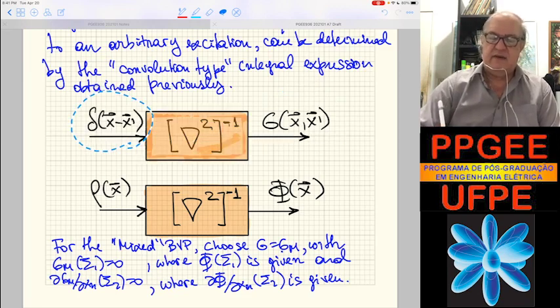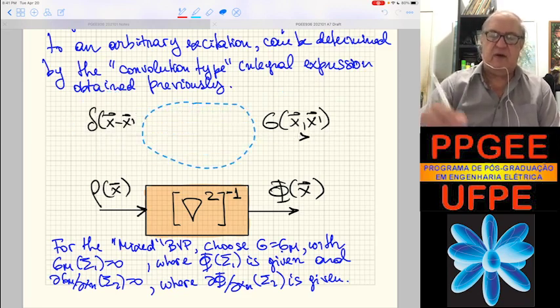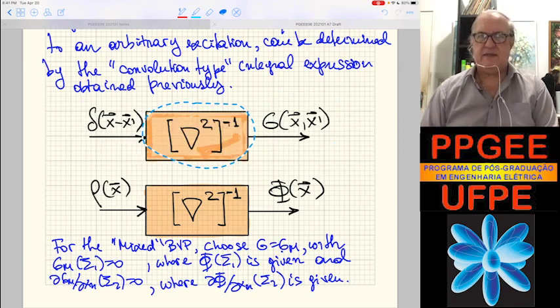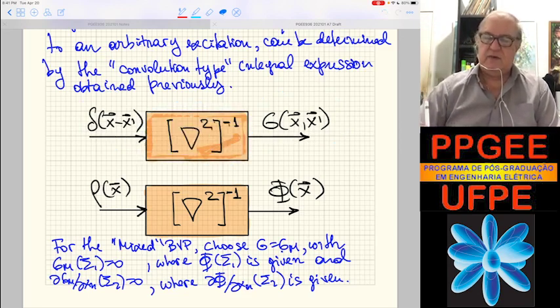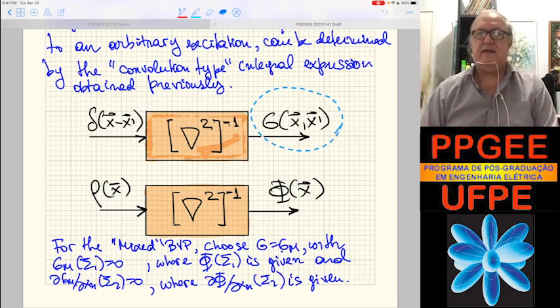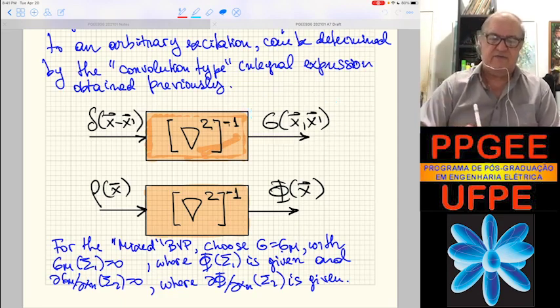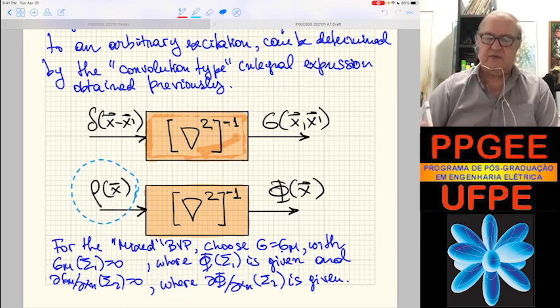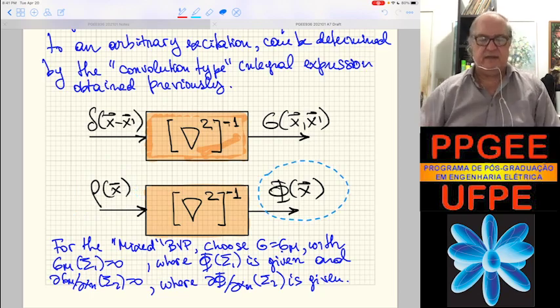The system is represented by a black box governed by the Laplacian. So the impulse response is G. Then after you do that, you can find the response of the system to any driving source, which is going to be the potential.